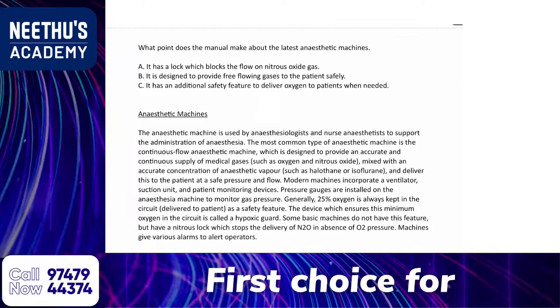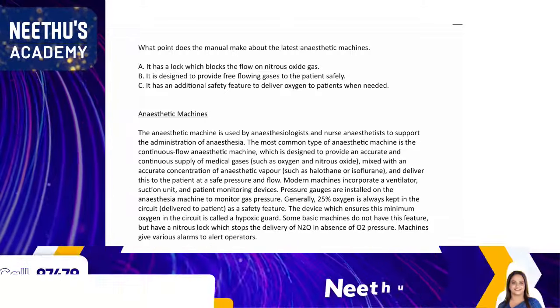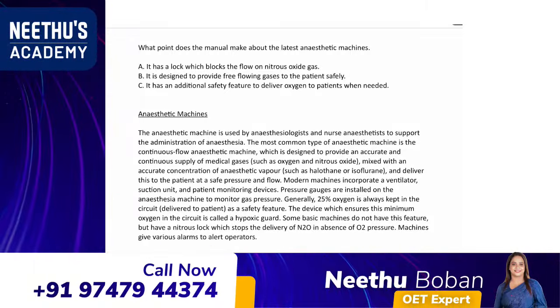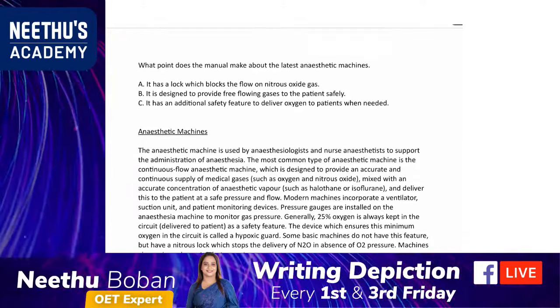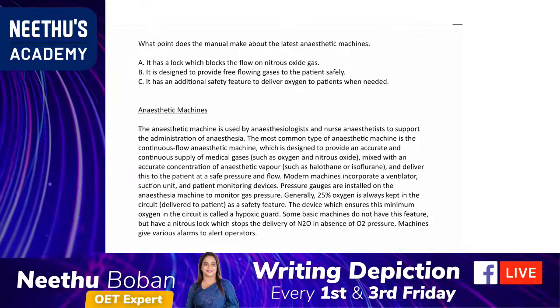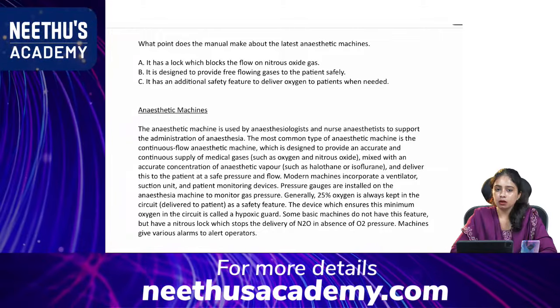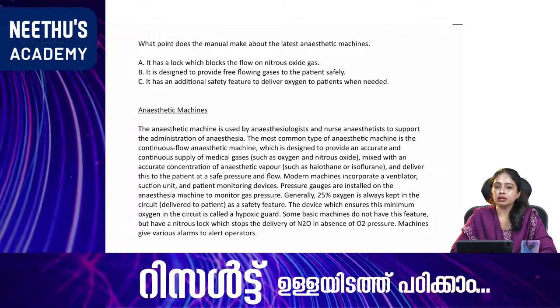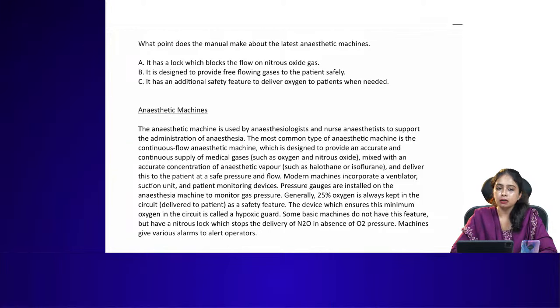Okay, so in a manual, what are we reading for? In a manual, we are reading for the main idea. So what is a manual? A manual is all about a particular instrument or a machine or a device or medications, or we can say drugs.